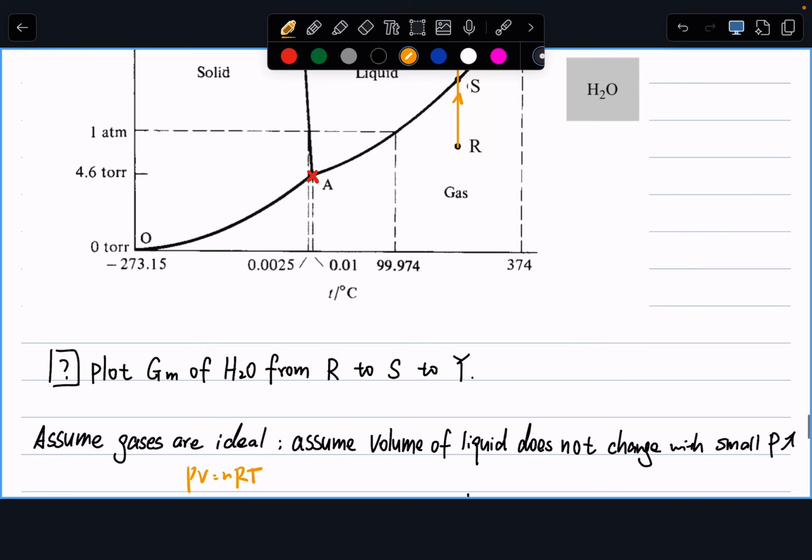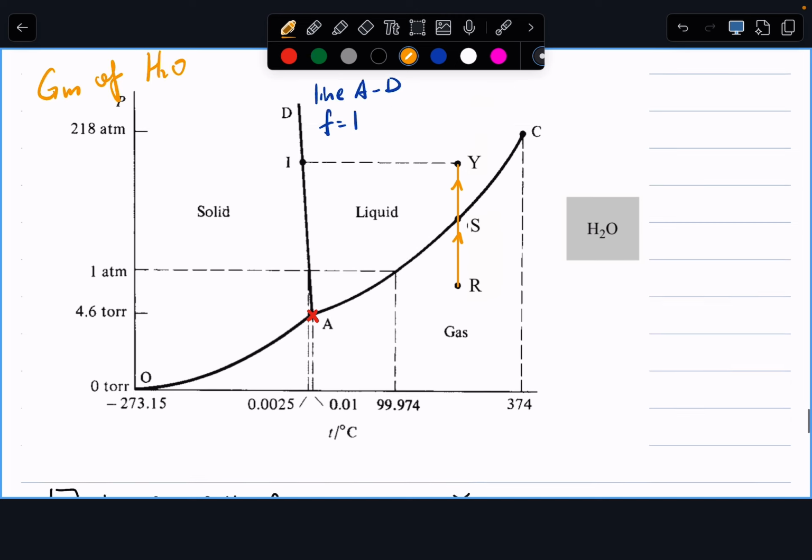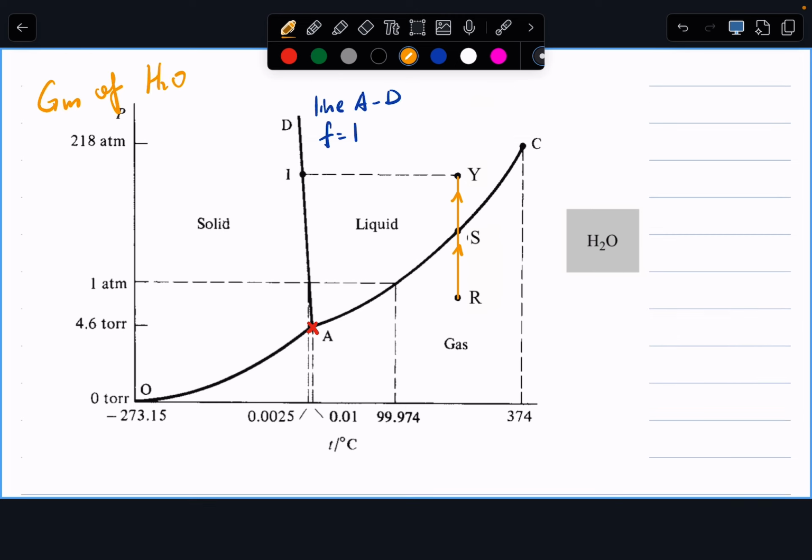This feels like, how do I even approach this question? So I'll give you a heads up on how to approach these kinds of questions. First of all, we're plotting the molar Gibbs free energy of a pure component. And for the process between R and S, what phase are we in?